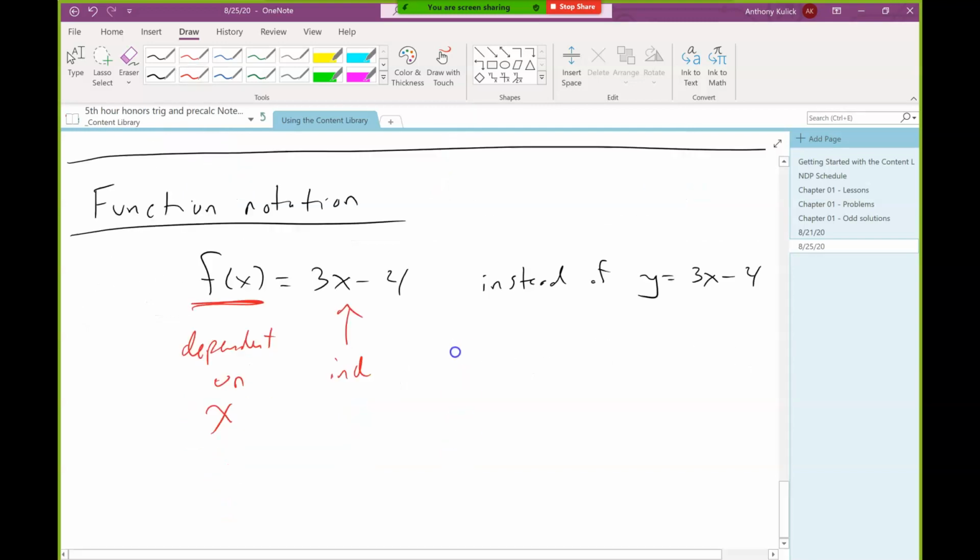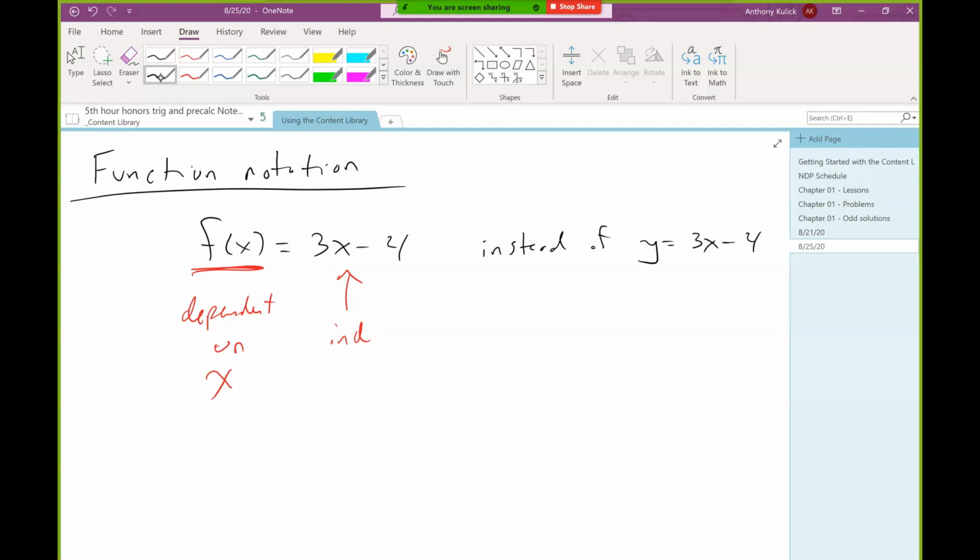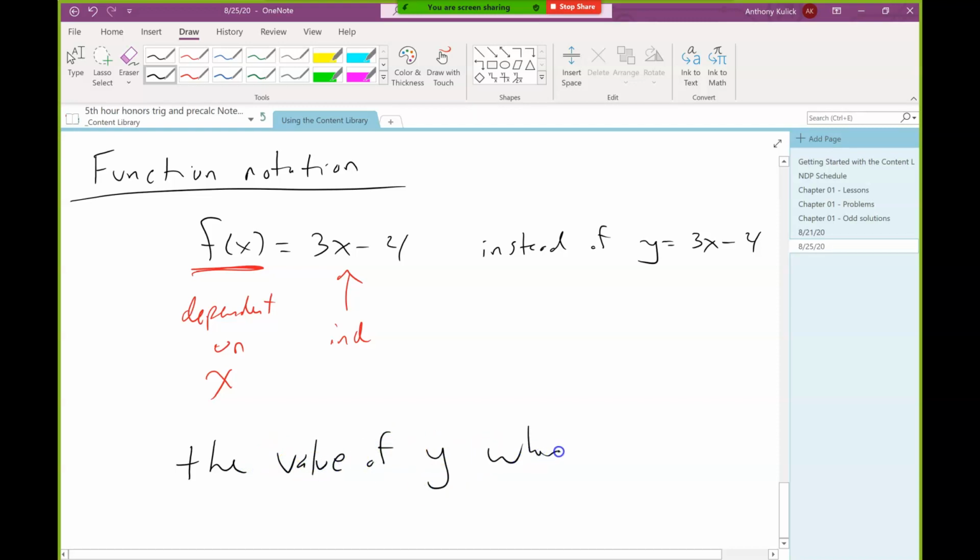The other advantage of function notation is it allows you to be a little bit more brief with some of your descriptions. So if I wanted the value of y when x equals 1 for y equals 3x minus 4, I have to write a sentence.